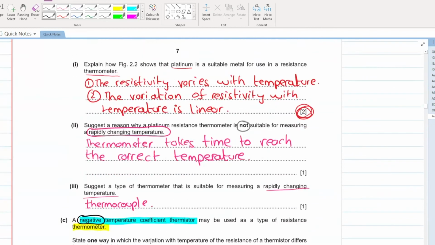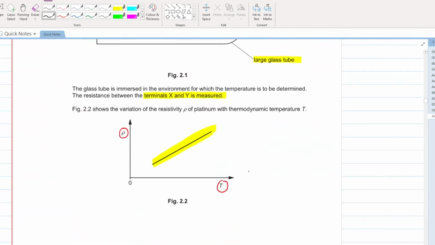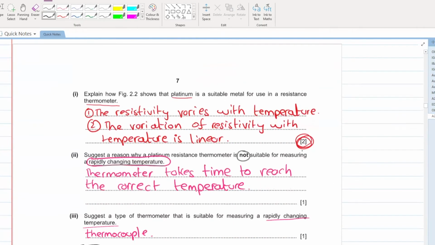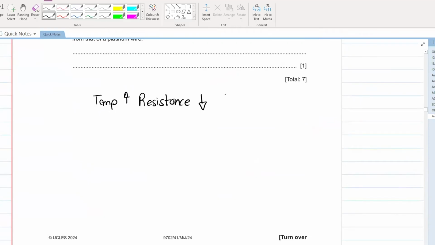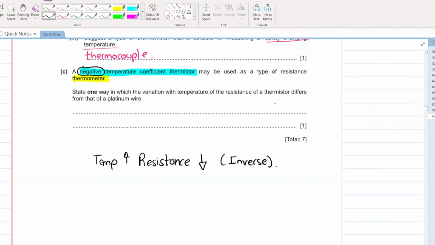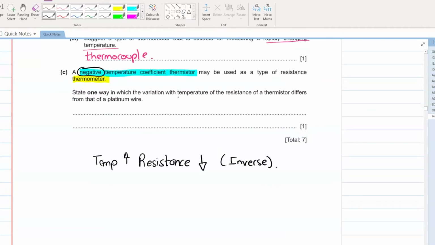What is happening in the platinum thermometer? As the temperature increases, resistivity increases. This is sort of a direct relationship. What is this? This is an inverse relationship. So you can write it here. State one variation with temperature of the resistance of a thermistor.